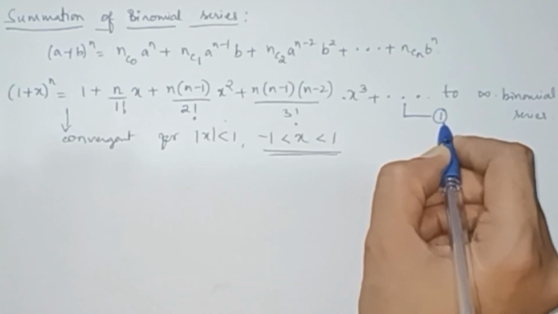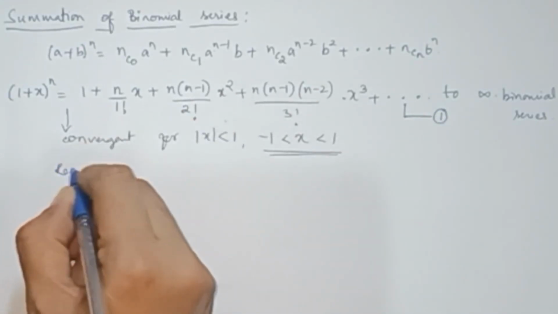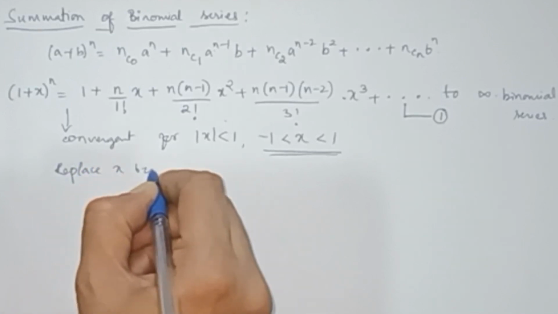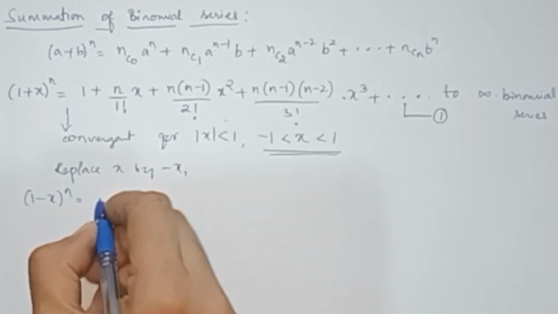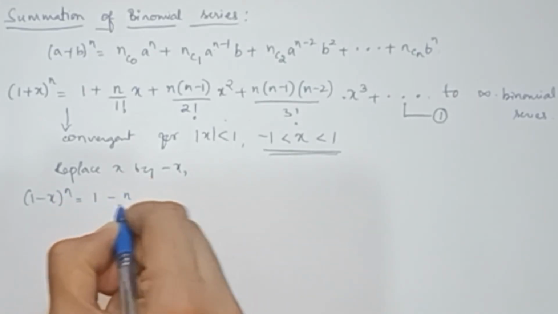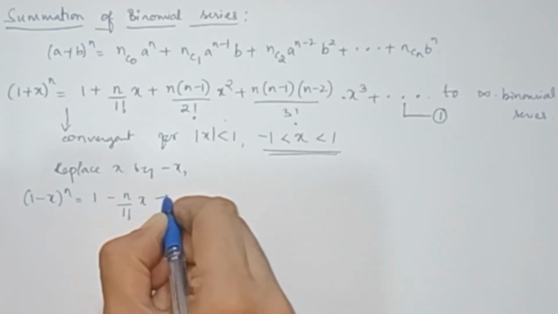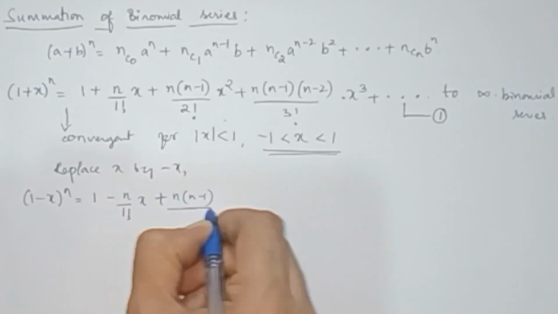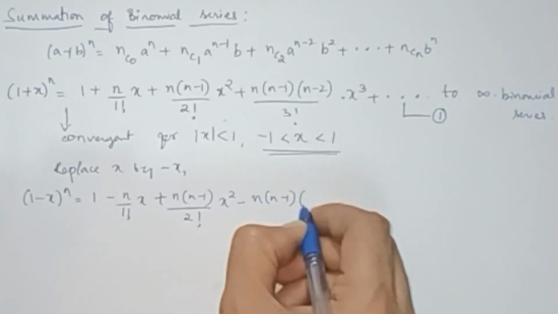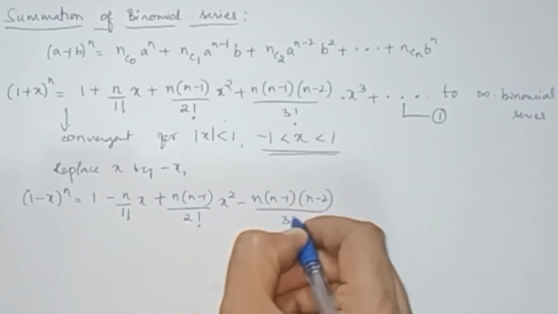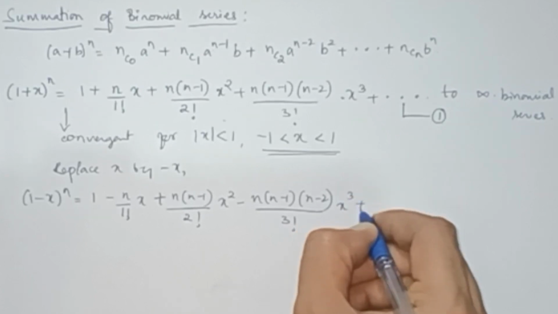Now, in this series, if you replace x by -x, then we get (1 - x)^n = 1 - n/1! x + n(n-1)/2! x^2 - n(n-1)(n-2)/3! x^3 + and so on.